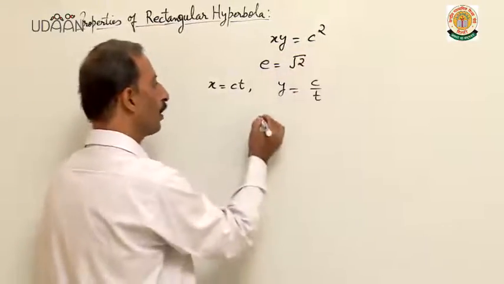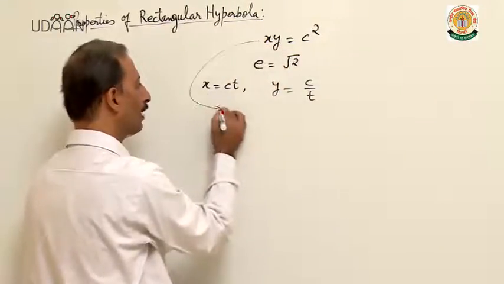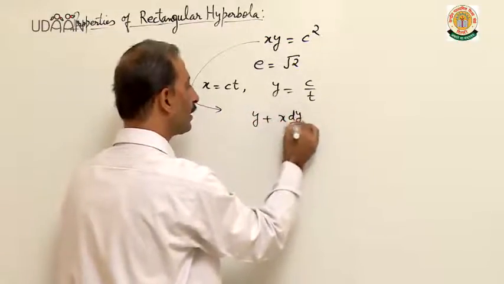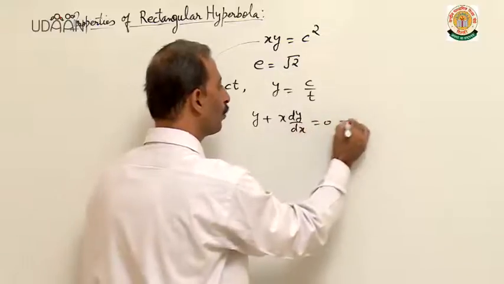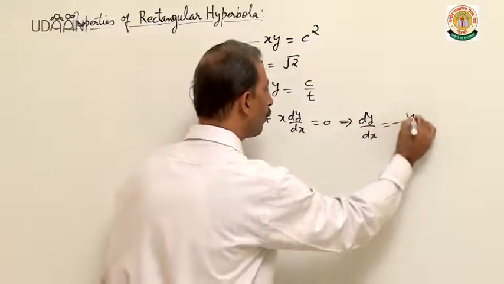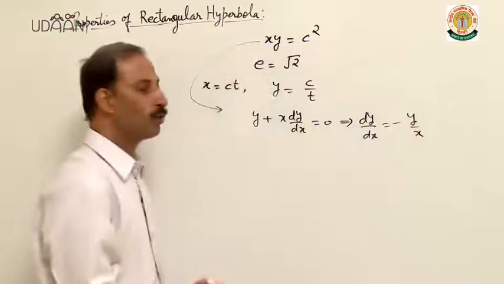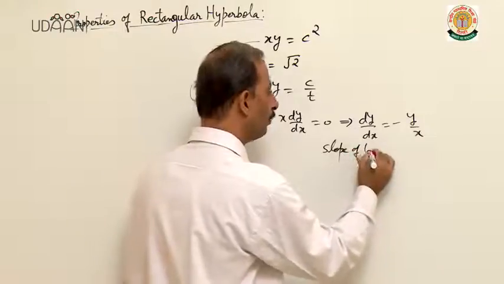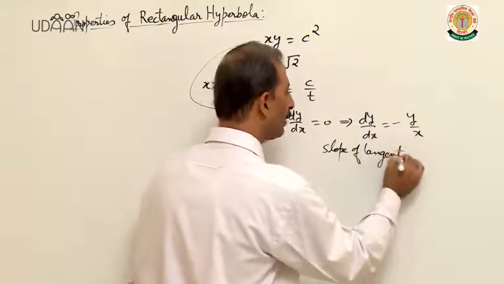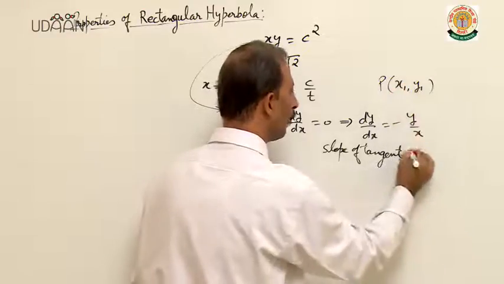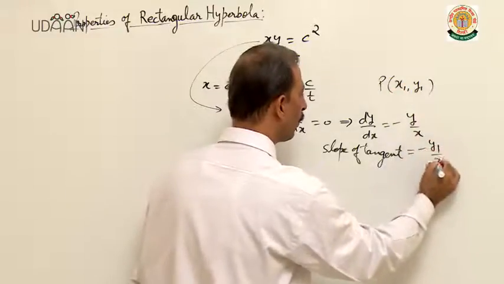So now if you differentiate with respect to x, you will get y plus x times dy by dx is equal to 0. So what is the value of dy by dx you will get from here? Minus y upon x. So slope of tangent, if you are taking in the point form, say point is x1 y1, then slope of tangent is minus y1 upon x1.